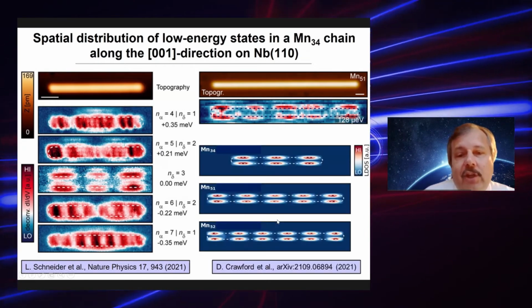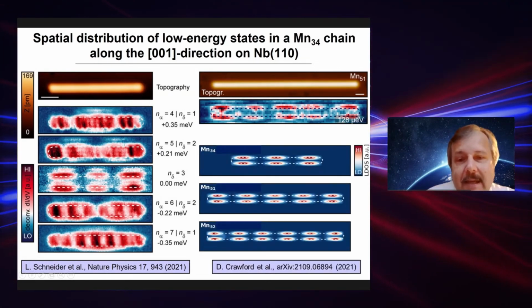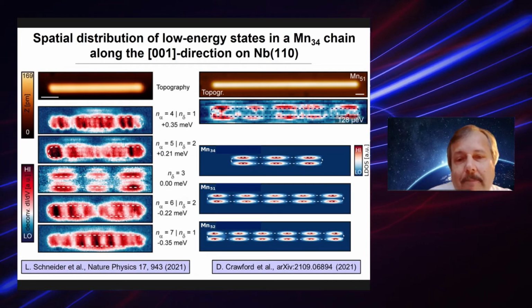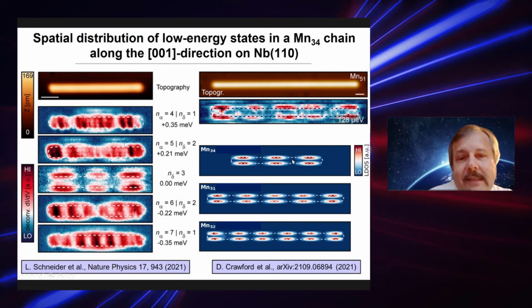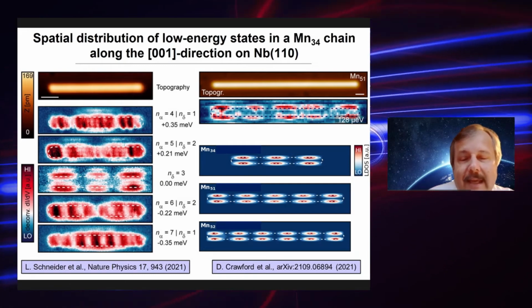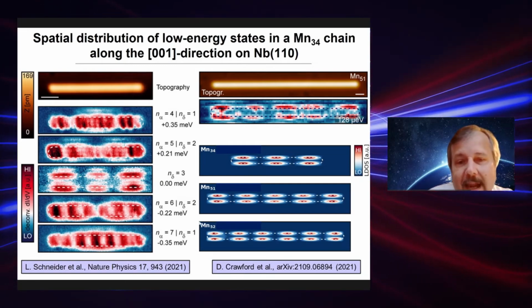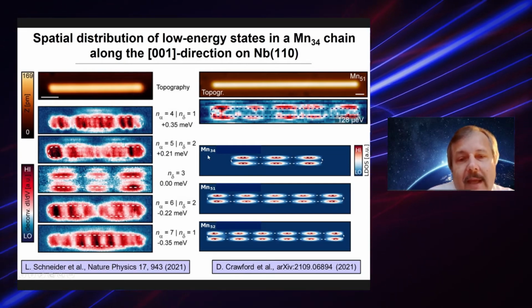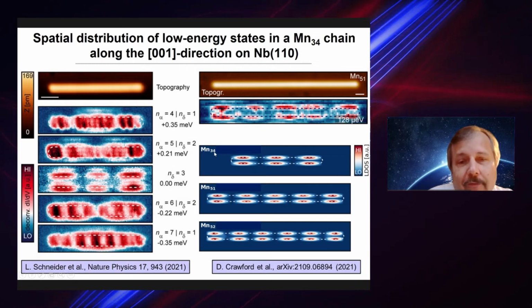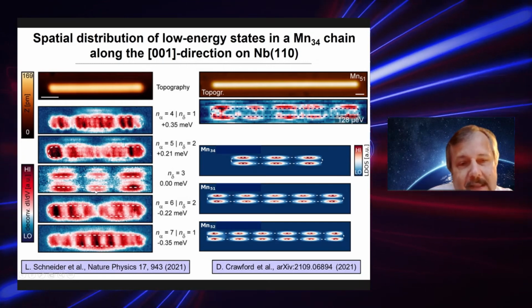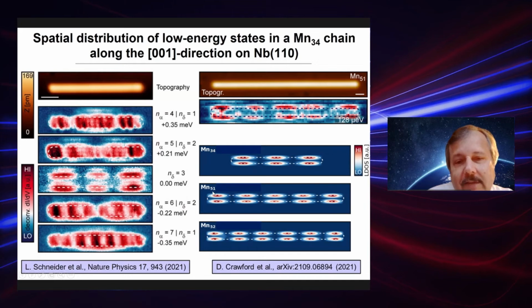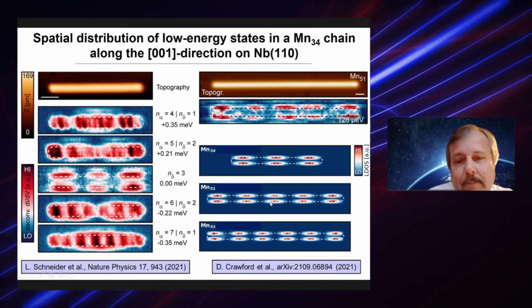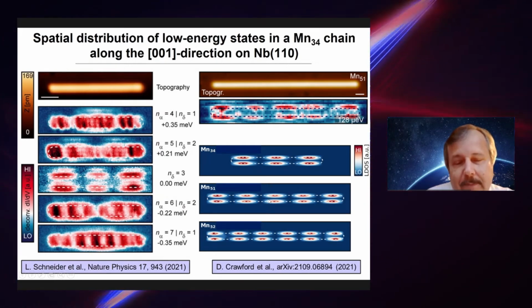They have shown that indeed Majorana states can show up as side features if we have multi-orbital states of the magnetic impurities. So these are calculations for exactly a manganese 34 atom chain, which resembles closely what we observe experimentally, and also for the manganese 51 chain, you can see the beautiful agreement between experiment and theory.